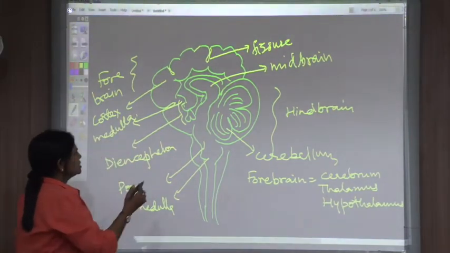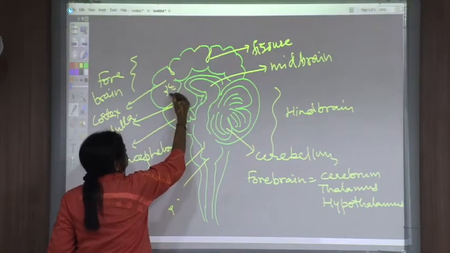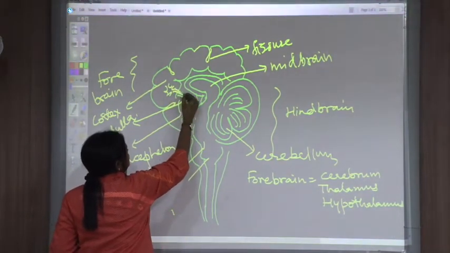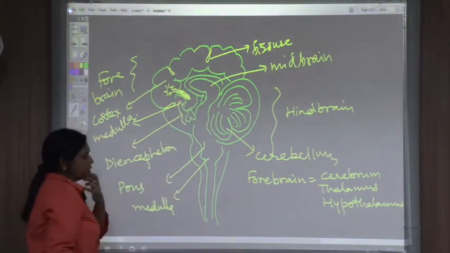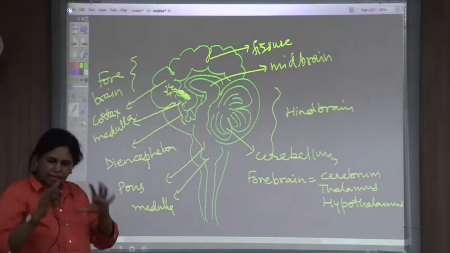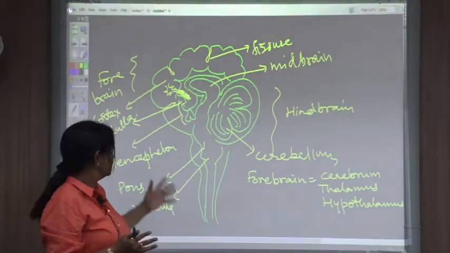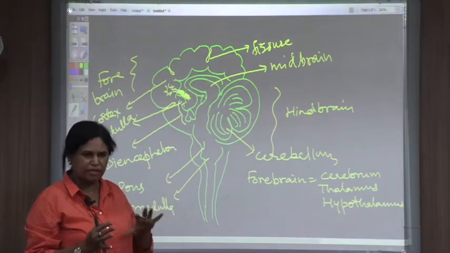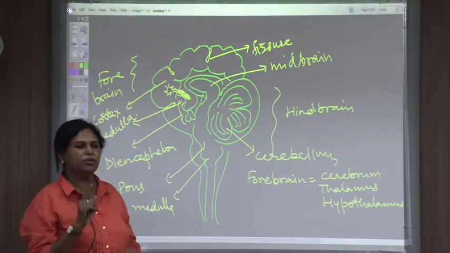Hypothalamus means below the thalamus, and this forms the pituitary. Now this portion of the thalamus has some big cells, and they are arranged in such a way that the message from the thalamus and from the cortex could be transferred to the other nerves of this area.